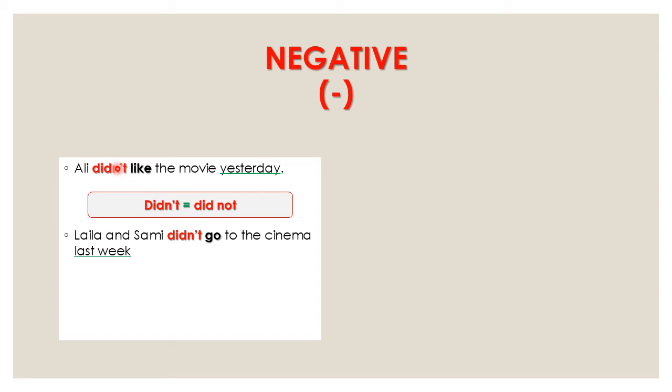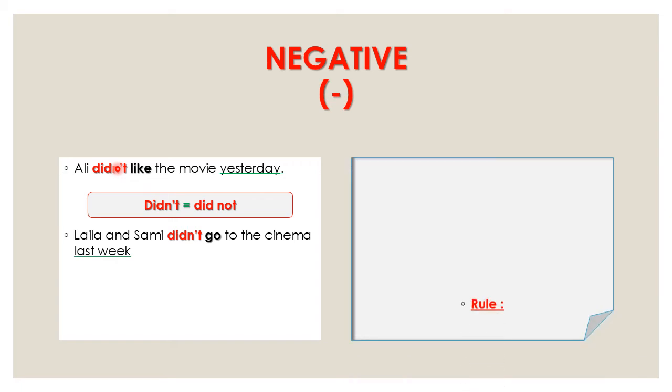Okay, so here the rule is subject plus didn't or did not plus the infinitive of the main verb. Bear in mind that we conjugated the auxiliary to do in the past, so the main verb is not conjugated. Okay, we cannot conjugate both auxiliary and verb. Okay, so the rule is very easy. Didn't plus the infinitive of the main verb.